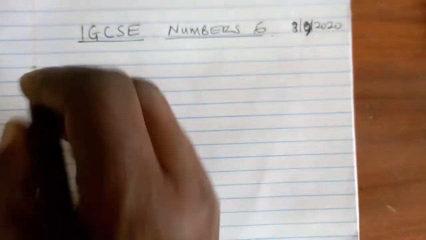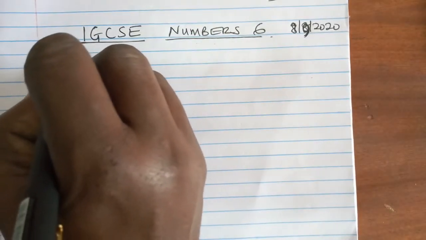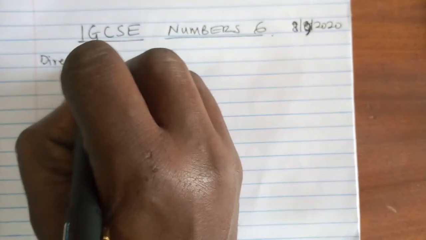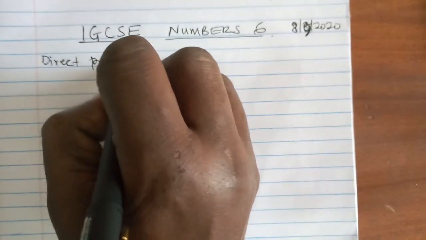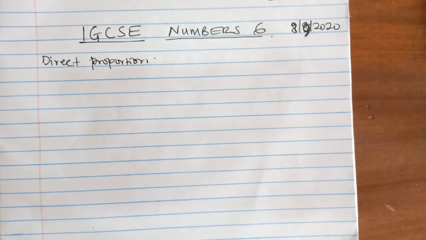So today, I want us to introduce something called direct proportion. Under direct proportion, we are talking about two quantities. If two quantities are directly proportional, then when one is multiplied or divided by a number, the same thing happens to the other quantity.